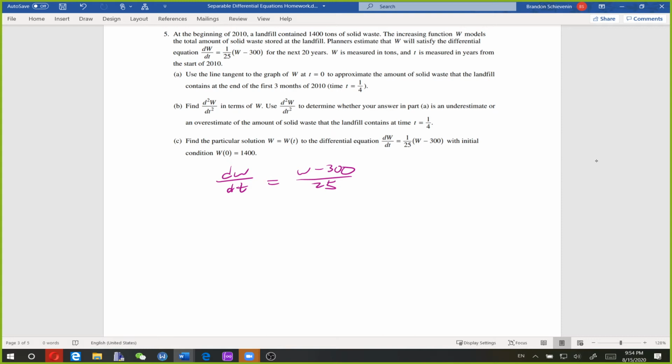Okay, so I'm going to multiply dt and 25, so that gives me 25 dw, if you want to do it that way, is equal to w minus 300 dt.